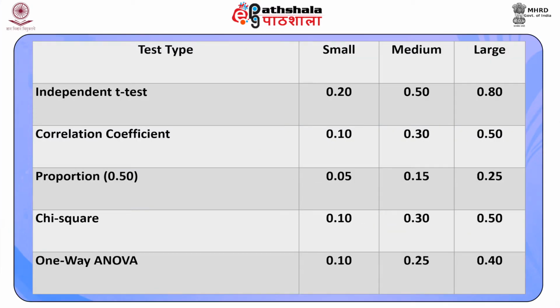A smaller effect size with a small sample size makes a test underpowered. Thus, medium to large effect sizes are generally preferred to identify the effect under investigation. The following table gives some effect size conventions for different test types by Cohen.